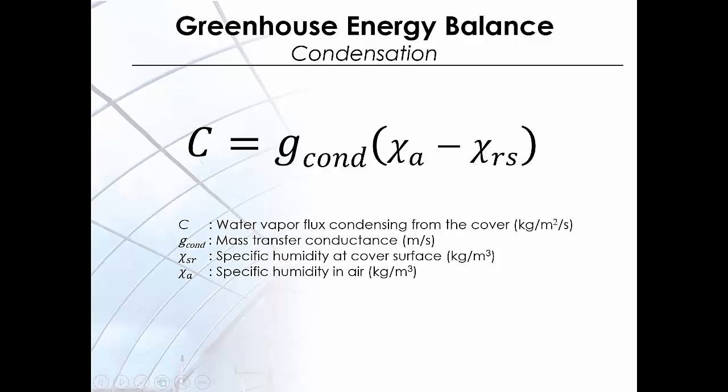With the following equation, we can determine the water vapor flux condensing from the greenhouse cover, considering the mass transfer conductance as well as the specific humidity difference between the cover surface and the surrounding air.